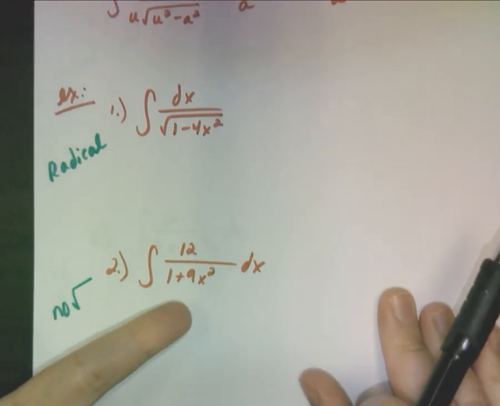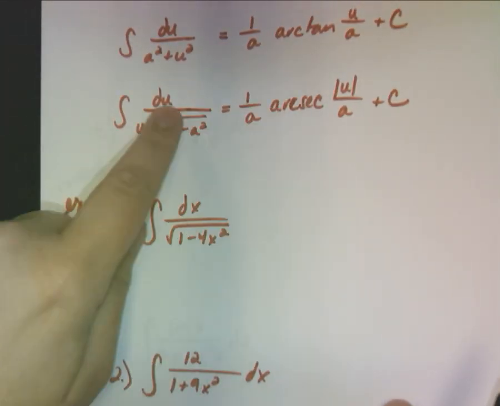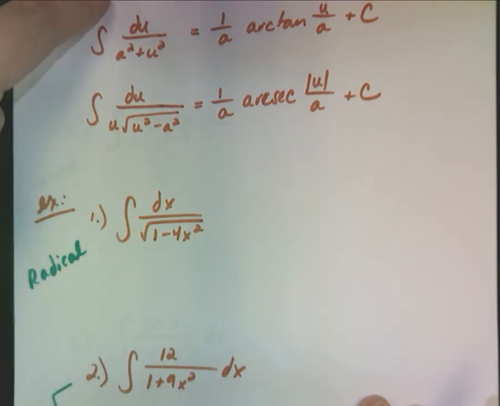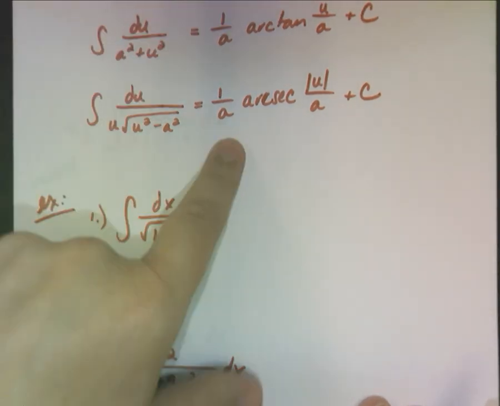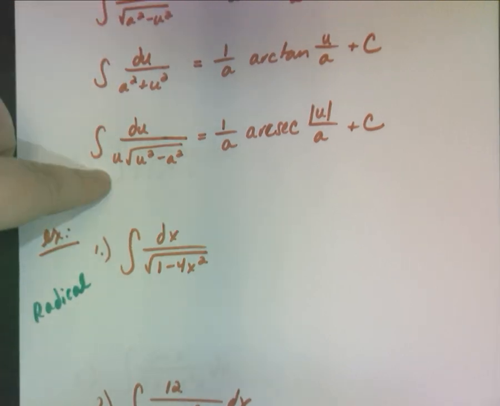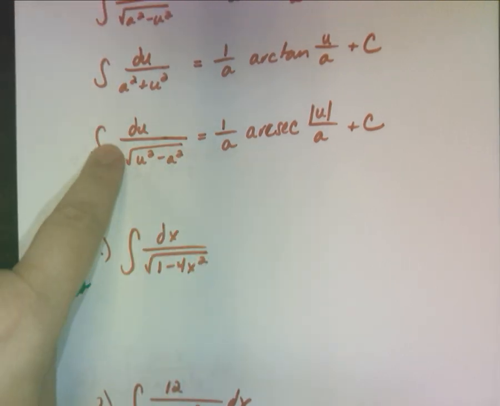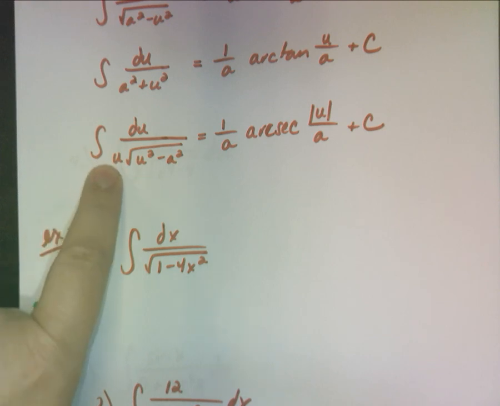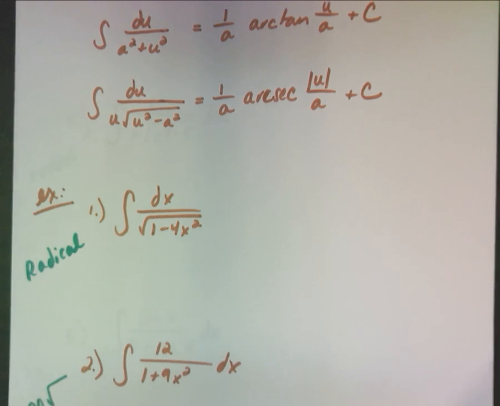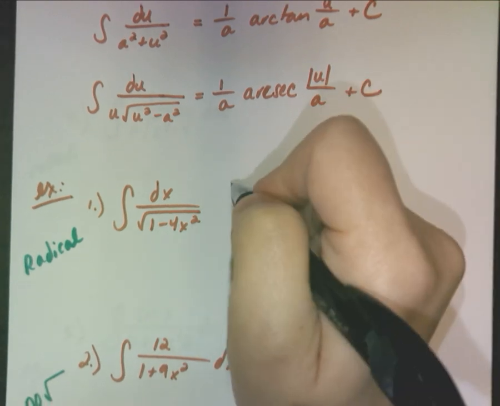So this one I'm sure is going to be the arctan because there's no radicals in that one. Whereas this one is either going to be the arcsine or the arcsecant. And then if I look closely, arcsecant has that extra variable outside, whereas the arcsine doesn't. So I'm pretty sure this is going to be good old arcsine.